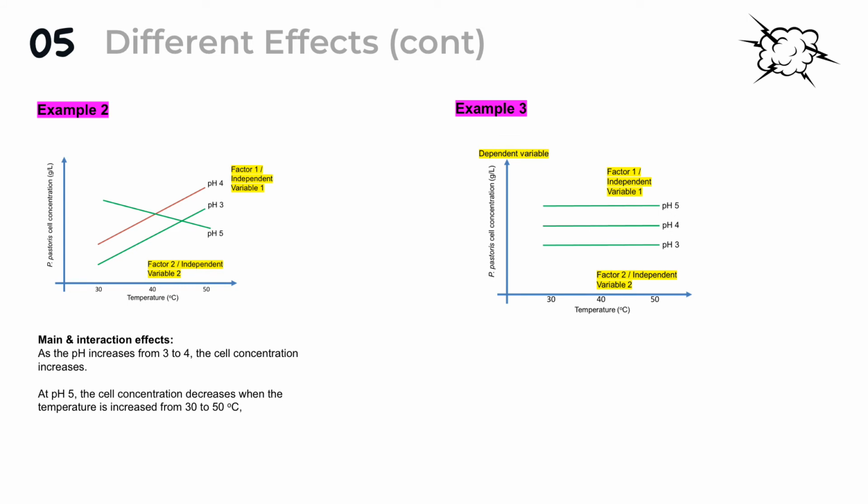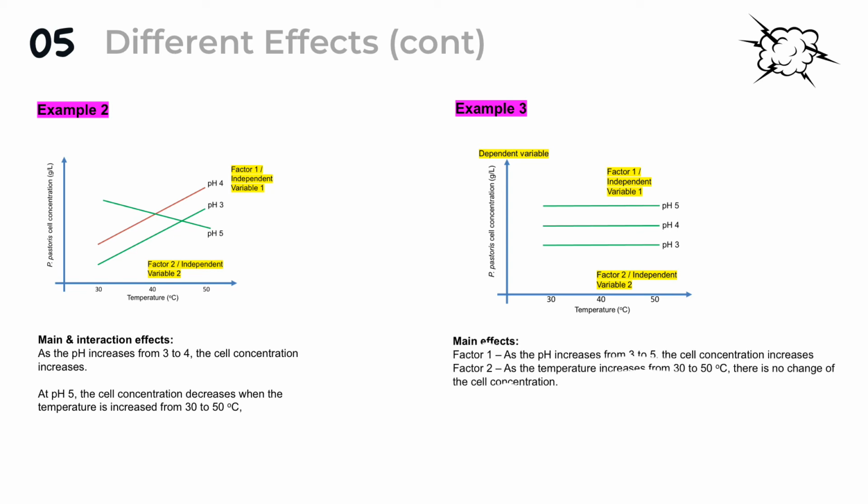The third example is given as follows. Now you can see that all the profiles of pH 3, 4, and 5 are horizontal, but they are parallel. So how to describe the main effects and the interaction effects of this example? For the main effect, we can describe the factors separately.